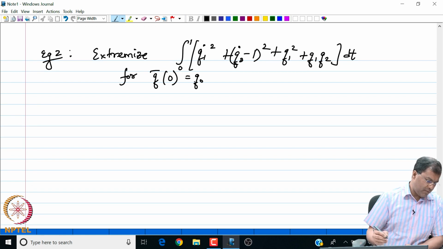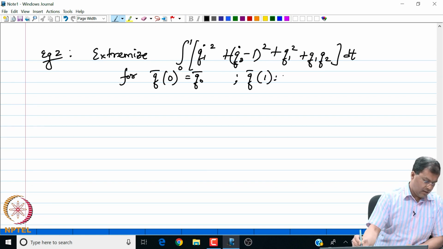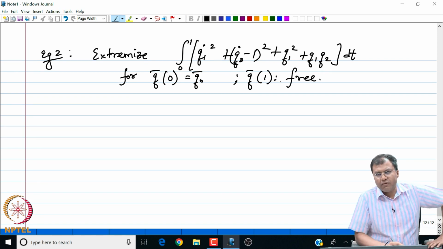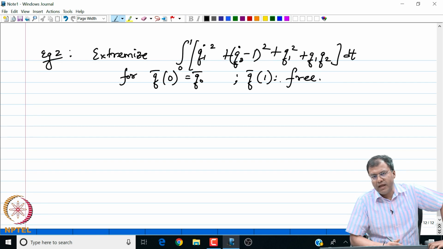So, we have fixed one endpoint, but q at 1 is free. So, we have fixed the x coordinate of the boundary points, but we have kept the y coordinate, one of the y coordinates, to be variable.